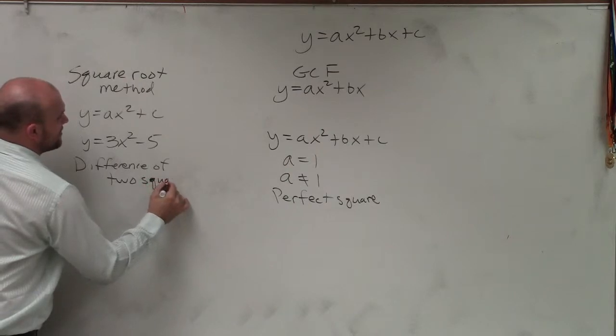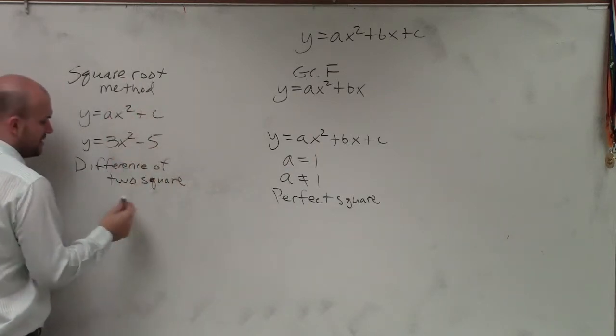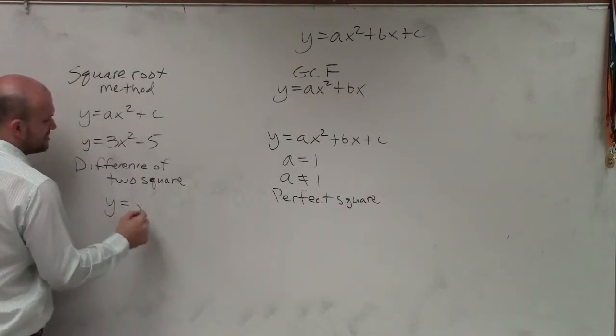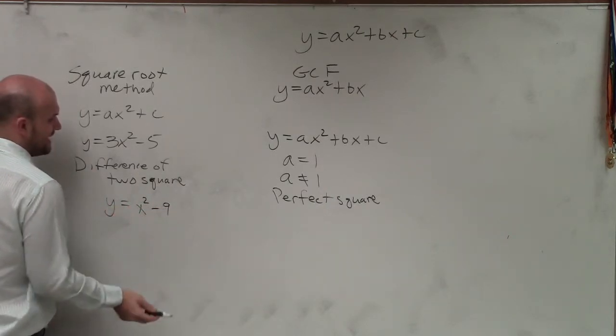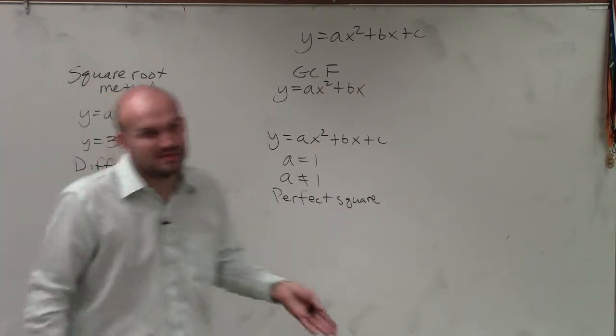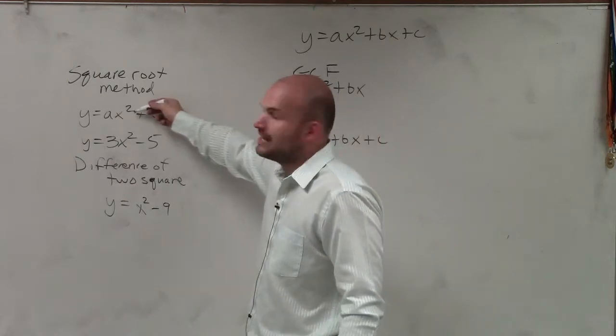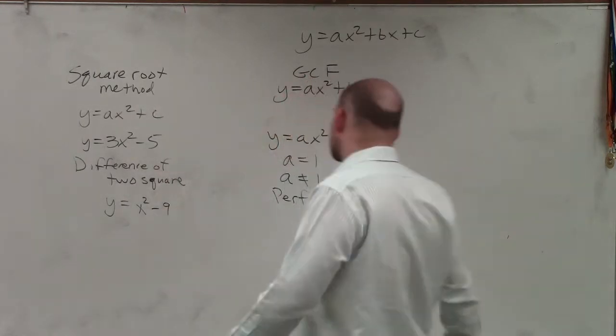My apologies, that comes in when a and c are both square numbers. An example of that would be y equals x squared minus 9. Okay, so that's a special type of ax squared plus c when my a and my c are square numbers and I'm finding the difference between those two values.